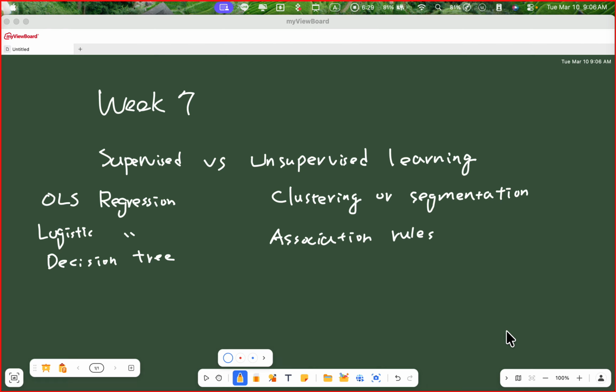Especially for predictive, right? Predict a number or predict classes, or sometimes we call it a label. But for ordinary least square, we usually focus on the first part, because we use the predictive model to predict a numeric value or number.